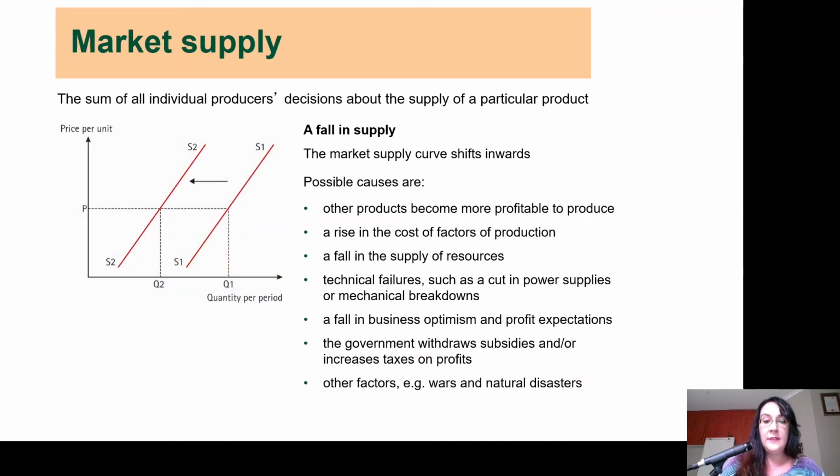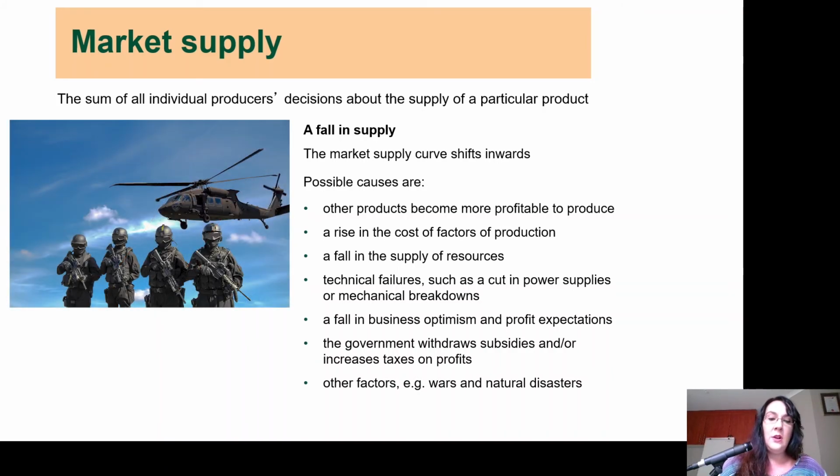Factor 7, other factors. For example, wars and natural disasters. Wars do take a lot of resources away from manufacturing goods and focusing on other areas, and maybe a lot of the factories as well have closed down.